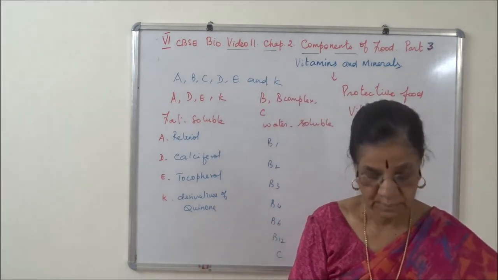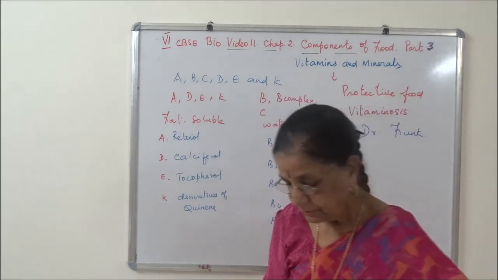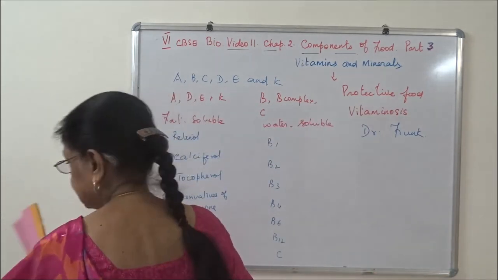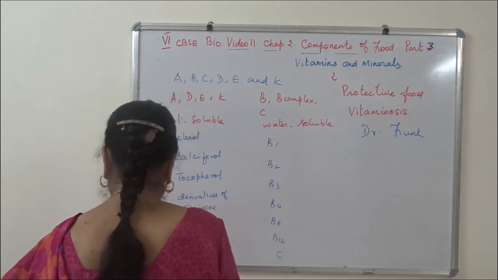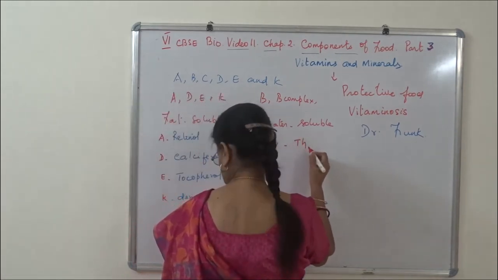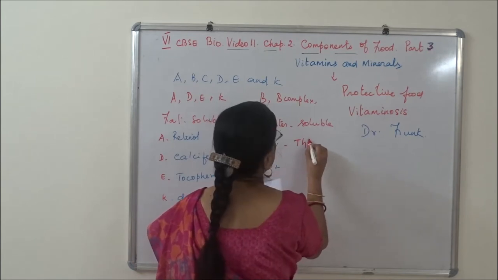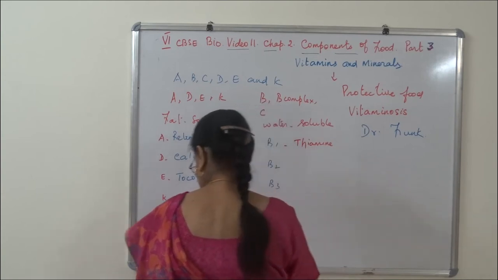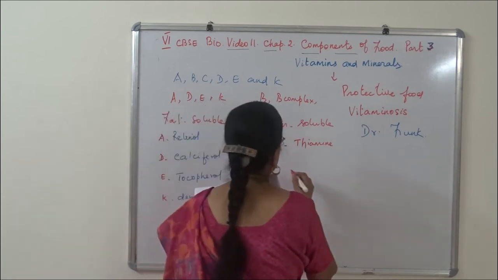I hope you follow. Whereas vitamin B complex as water soluble vitamins: B1 is thiamine, B2 riboflavin.